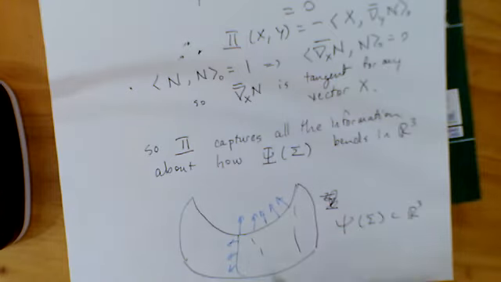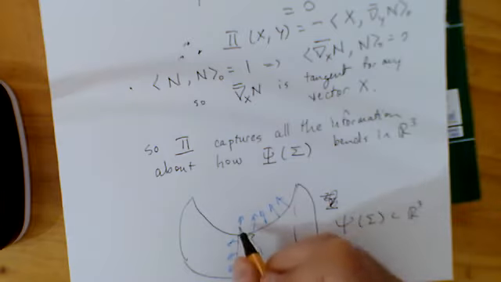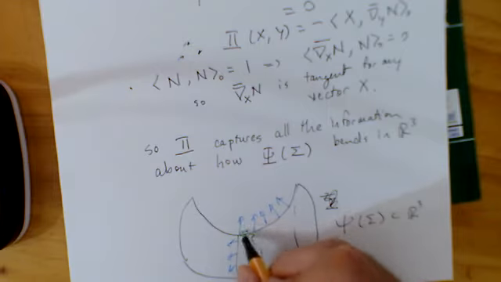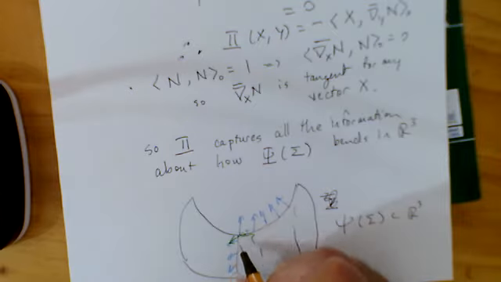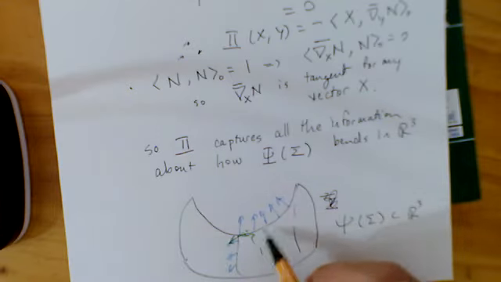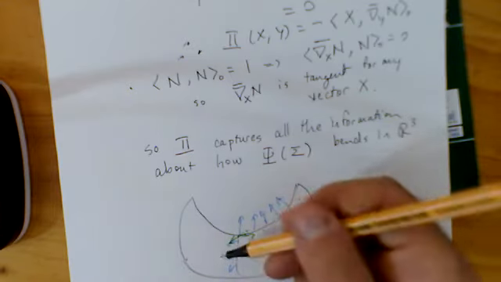And what do I see? I see that if I move in this direction, the normal vector is going to be bending down and to the left. And if I move in this other direction, the normal vector is going to be bending up and to the left. As I move in the other direction, it's bending down and to the right.